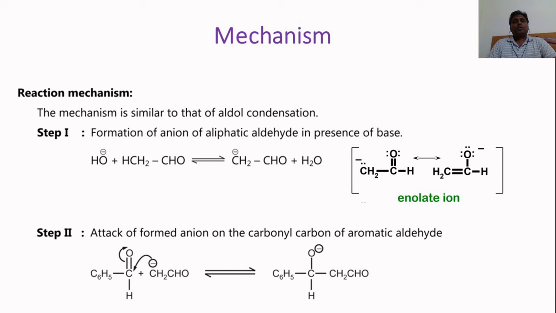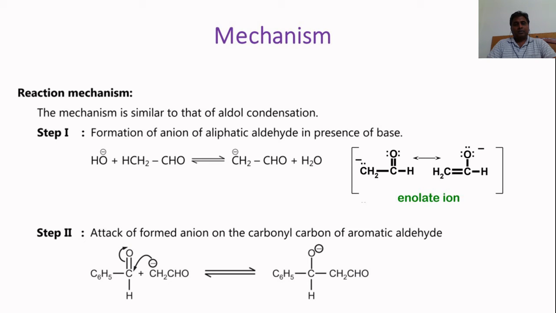Now this enolate ion acts like a nucleophile and it attacks the carbonyl carbon of benzaldehyde, because as you know, aldehydic carbonyl groups or ketone carbonyl groups are prone to nucleophilic addition type of reactions. So this makes the pi bond shift towards oxygen to form an alkoxide anion.